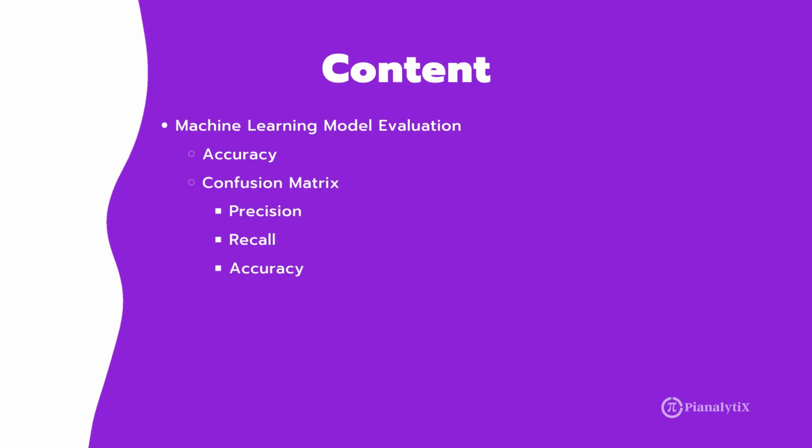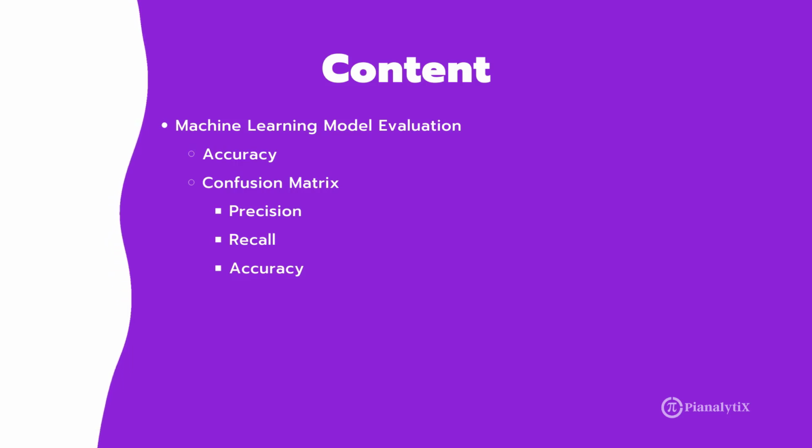The confusion matrix is very important and we will see why it is important, how to make the confusion matrix, and what different analytical behavior we understand from it. In the confusion matrix, we will learn about precision, recall, accuracy, and also F1 score. Once we complete this, we will move to the case study.